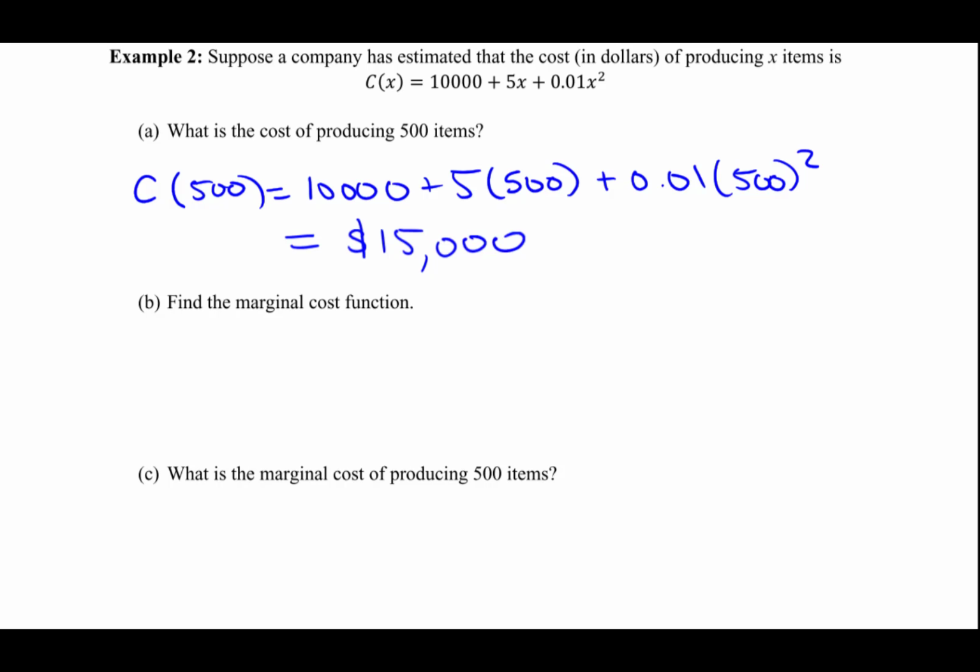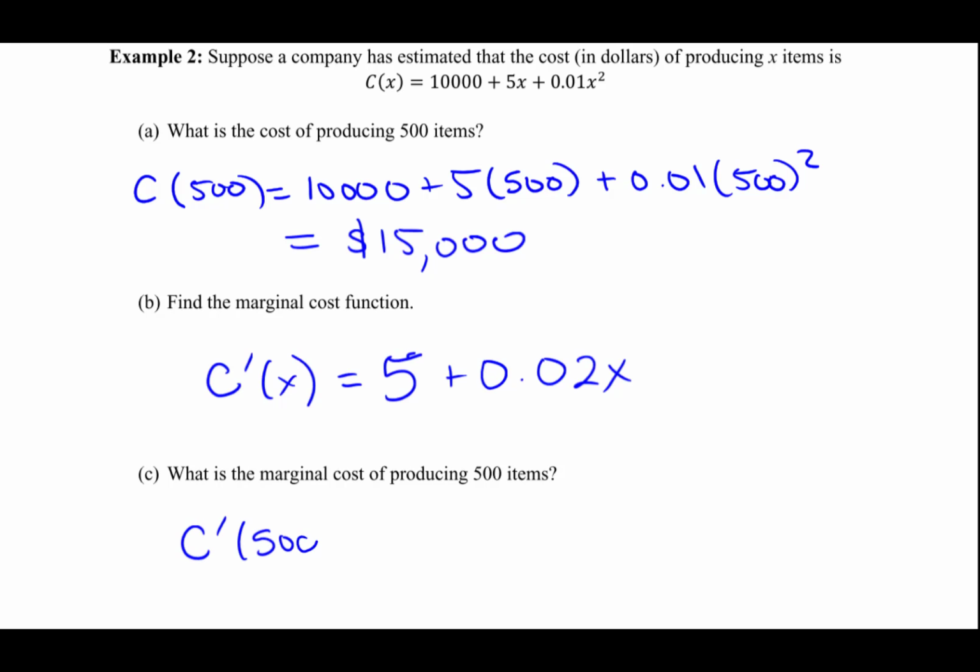Now, marginal cost, remember, is the rate of change. So that will be our first derivative of the cost function, which is just 5 plus 0.02x. And the marginal cost of producing 500 items, well, that's, again, just using part B for that rate of change.